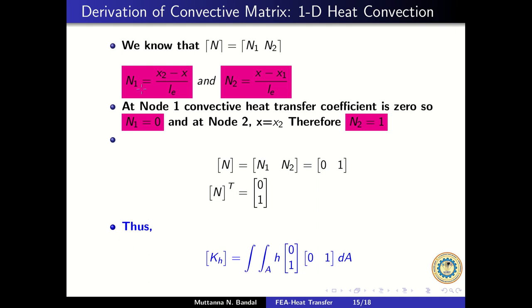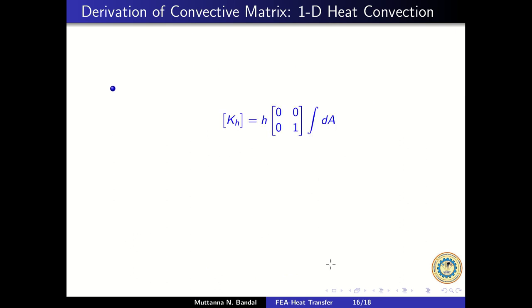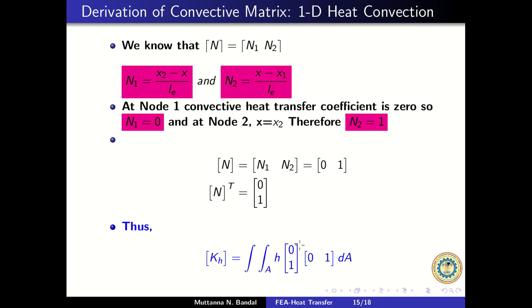Thus if I multiply this, if I take this h as it is, N transpose into N, so that can be cross multiplied like this: this into this is 0, this into this is 0, this into this is 0, this into this is 1.